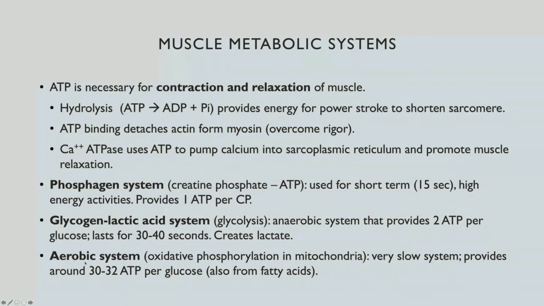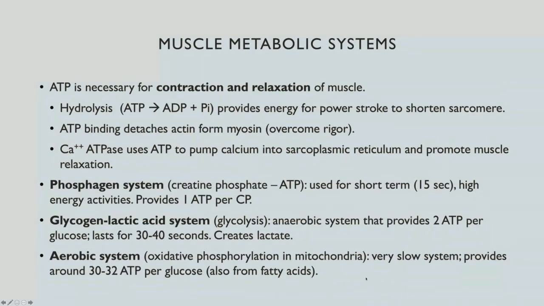The aerobic system can use glucose, can use fatty acids, and can use some amino acids as well. For example, the heart uses fatty acids in order to perform its metabolism and keep going during 80, 90, 100 years with no stop.